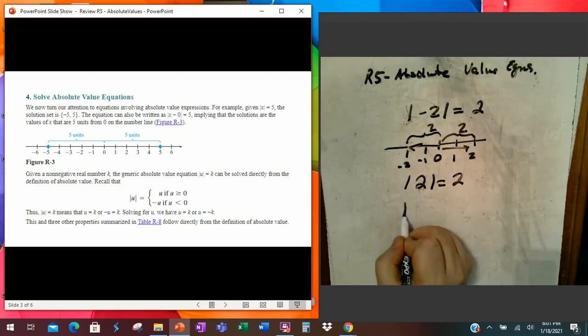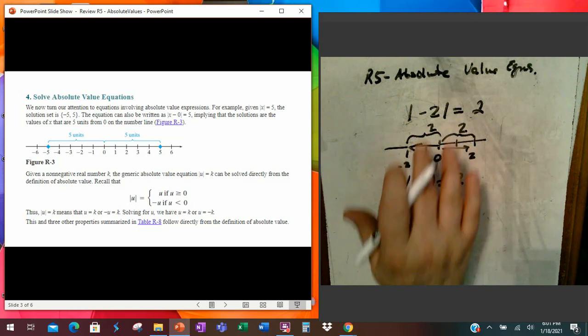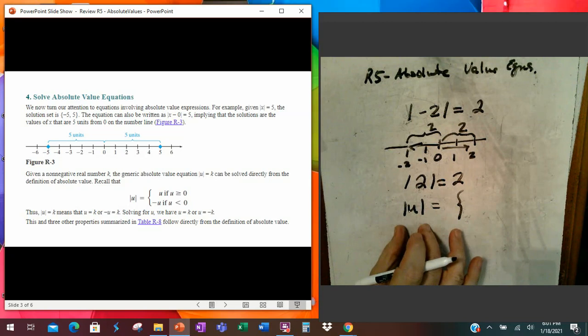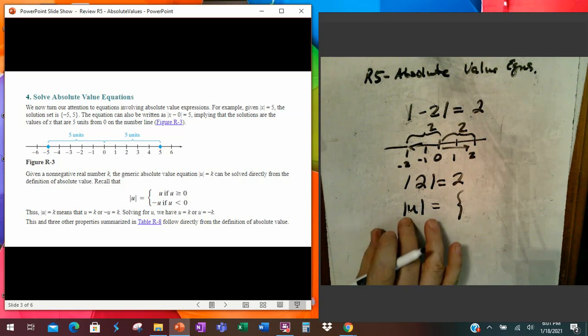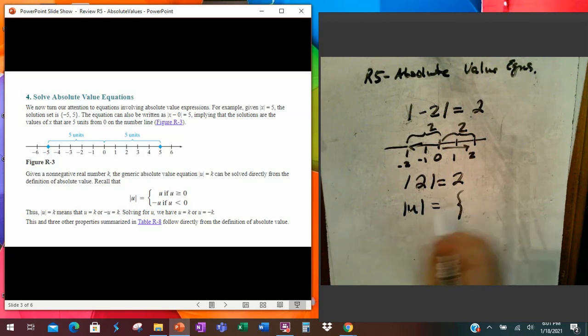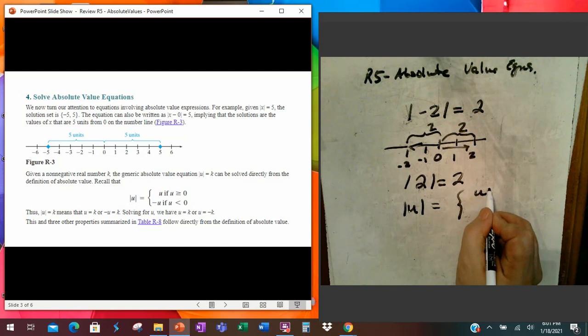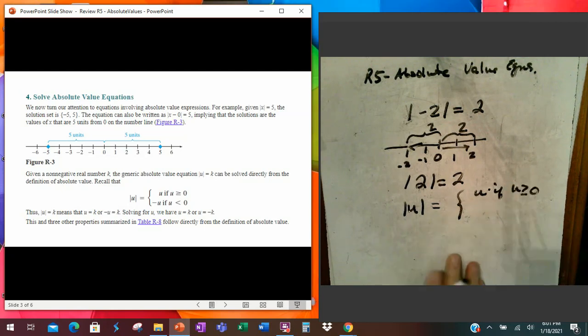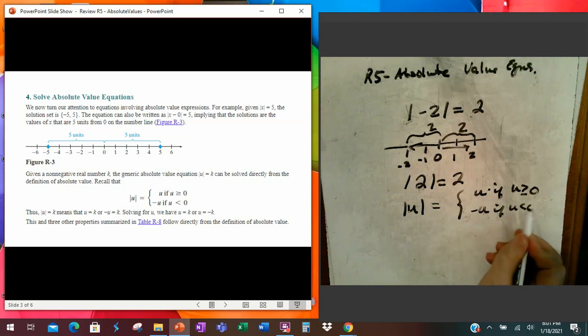So here is the formal definition, so that I can get mathematically to do these two things. The absolute value of u, to be able to remove this in terms of a variable, is just u if u is greater than or equal to 0, and it's negative u if u is less than 0.